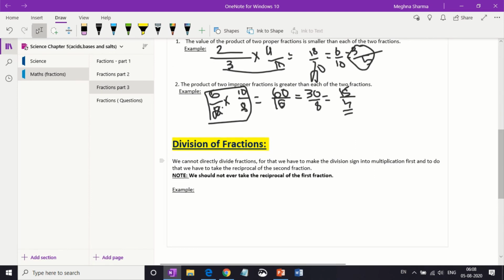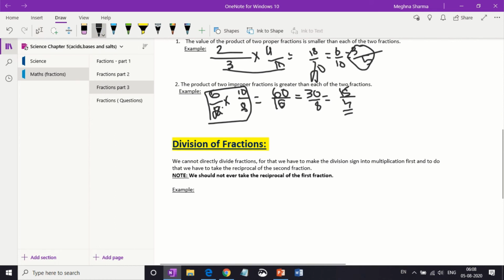Okay. We cannot directly divide fractions. For division of fractions, we have to change the division sign into multiplication first, and to do that we have to take the reciprocal of the second fraction. We should never take the reciprocal of the first fraction.